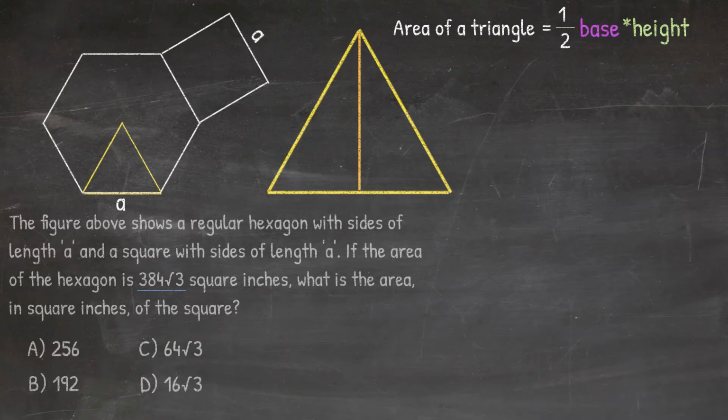We just created 2 right triangles, and let's focus on one of them. Since the base equals A, as defined in the problem, where the side of the hexagon equals A, then in the right triangle, one of the legs, the one at the bottom, should equal A over 2, or 1/2 of A.